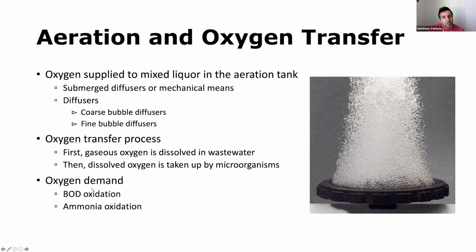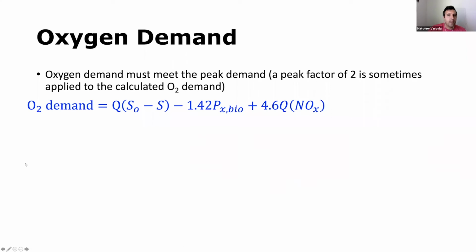All right, and again, remember we've got oxygen demand coming from BOD oxidation or COD oxidation, in other words, the oxidation of organic material. We've also got oxygen demand coming from the conversion of ammonia nitrogen to nitrate. And the oxygen supply must meet the peak demand for a wastewater treatment system.